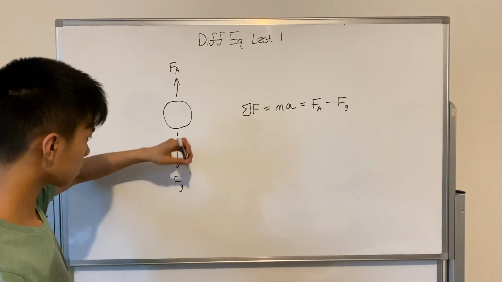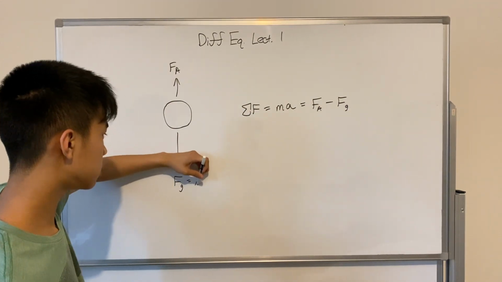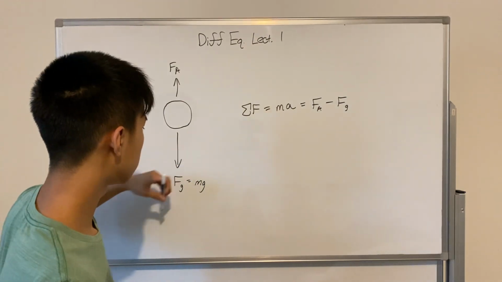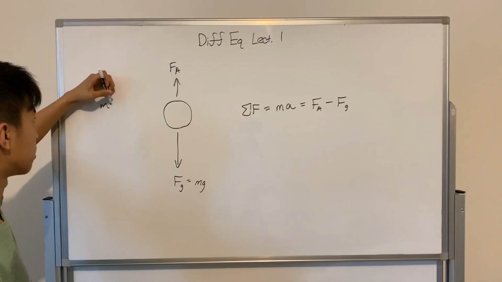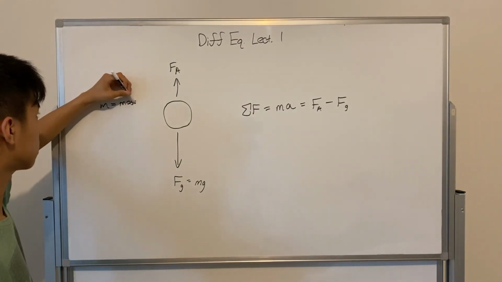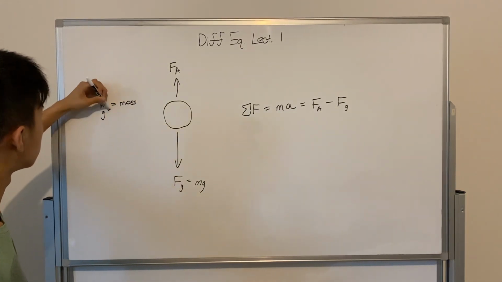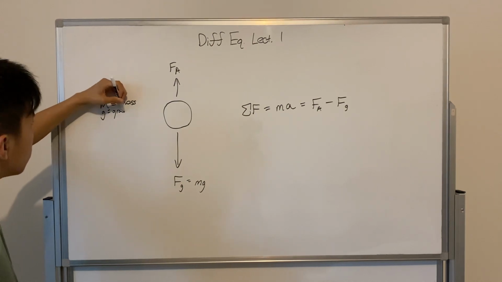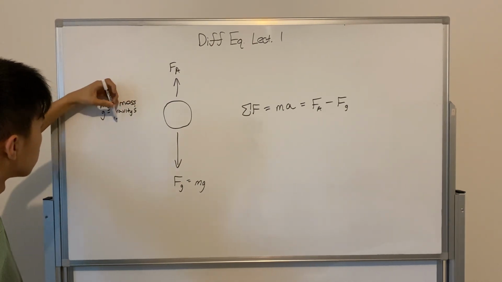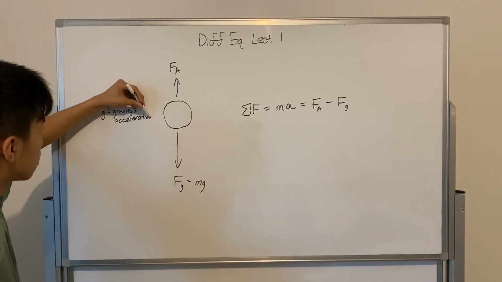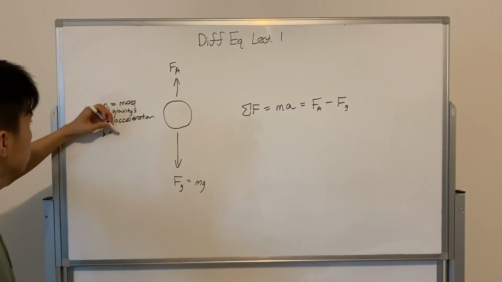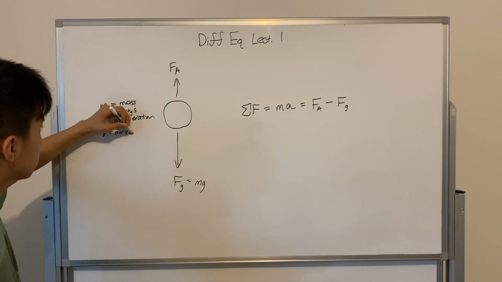So we know that Fg is equal to m times g, and we know m is mass. G is gravity's acceleration, so it's a constant. B is the air resistance constant.